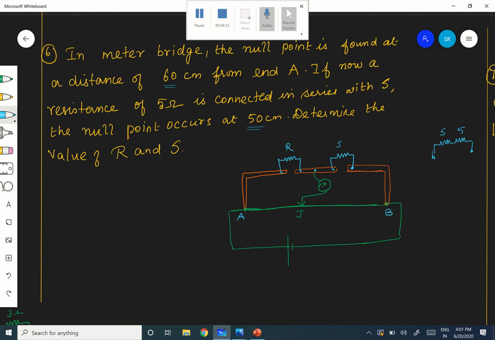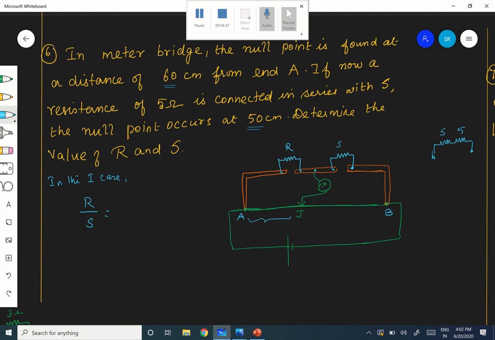Therefore, first case. Now what is R by S? P by Q is equal to R by S, no? Therefore, R by S is equal to P by Q. What is P? P will be the resistance of this portion of the wire.